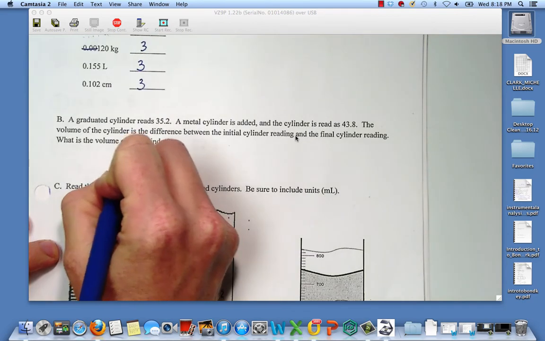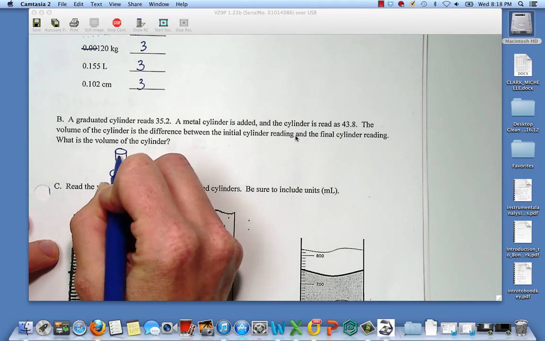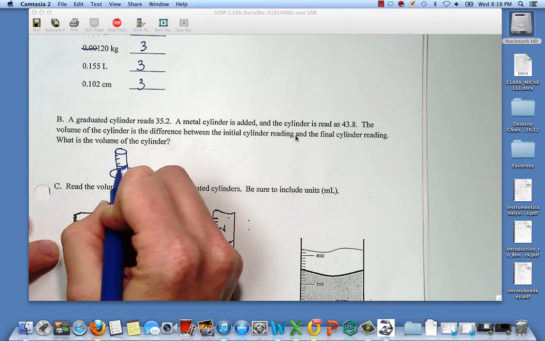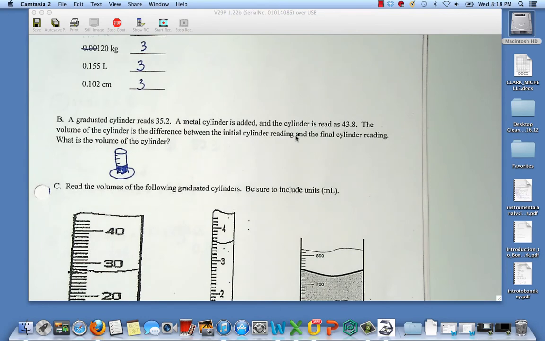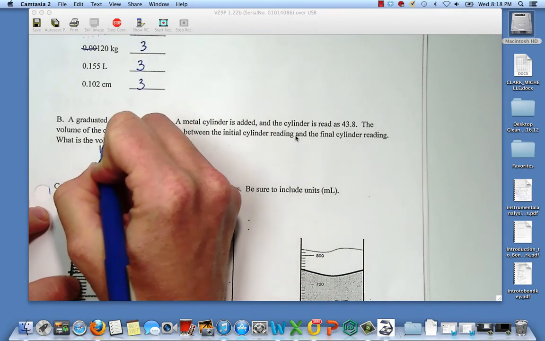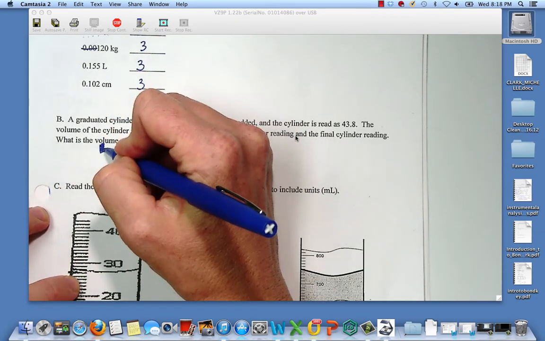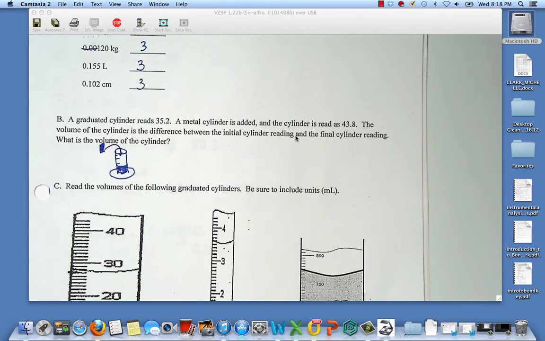I'll draw you a little picture. So you have your graduated cylinder and it has the different lines. And it's filled with a certain amount of water. Then what you've done is you've taken a metal cylinder and you've placed it very carefully in the graduated cylinder. So you have your metal cylinder like that. So before adding the metal cylinder, the graduated cylinder is 35.2.